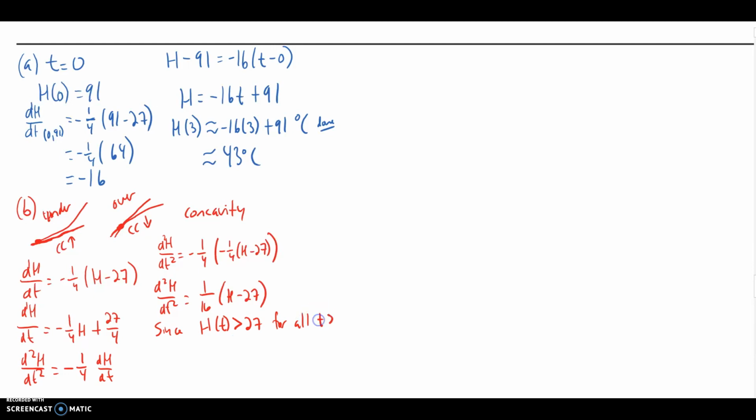for all t greater than 0, h of t will always be concave up because our second derivative will always be positive.